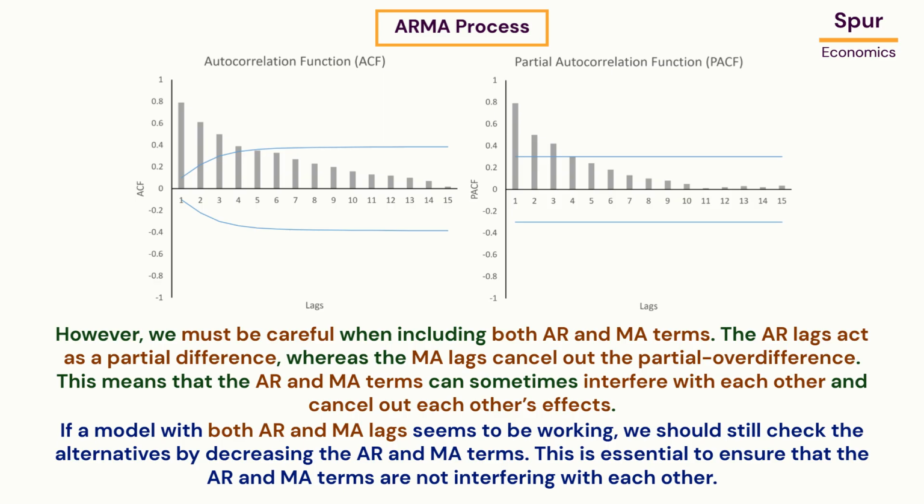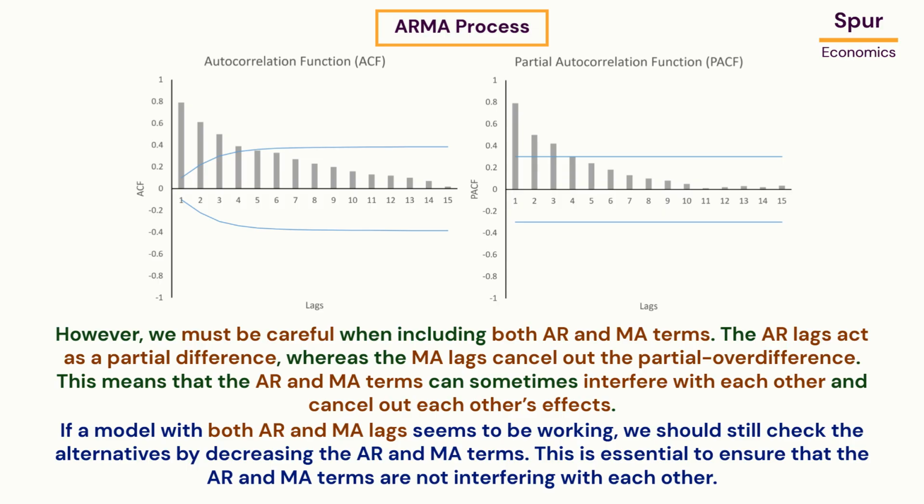However, we must be careful when including both AR and MA terms. The AR lags act as a partial difference, whereas the MA lags cancel out the partial overdifference. This means that the AR and MA terms can sometimes interfere with each other and cancel out each other's effects. If a model with both AR and MA lags seems to be working, we should still check the alternatives by decreasing the AR and MA terms.